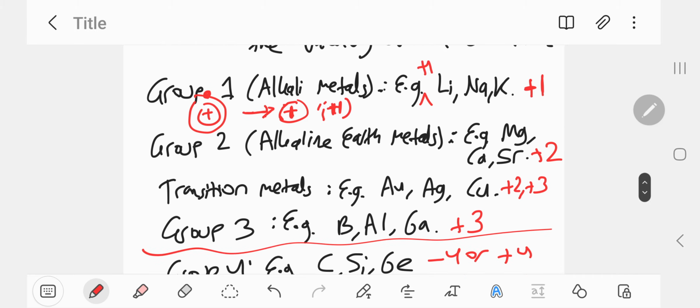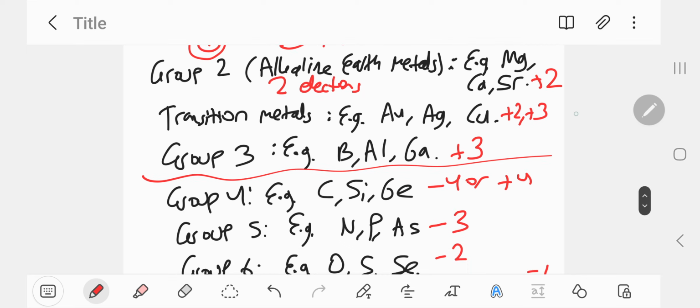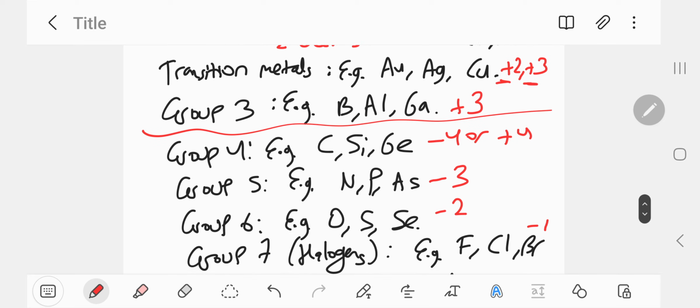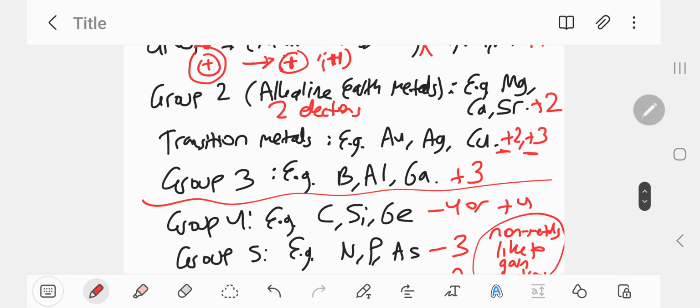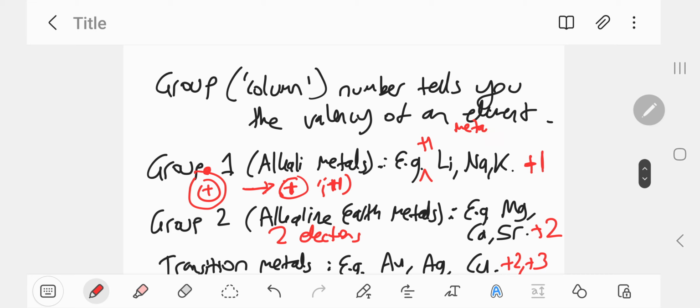Similarly, alkaline earth metals tend to give away 2 electrons. Transition metals, same thing. They tend to give away 2 or 3 electrons. Group 3 as well. Getting into group 4, 5, 6, and so on, the non-metals. Non-metals like to gain electrons, and metals like to lose electrons.